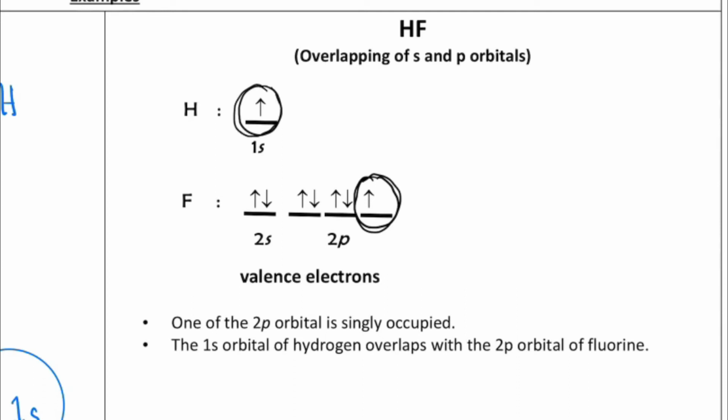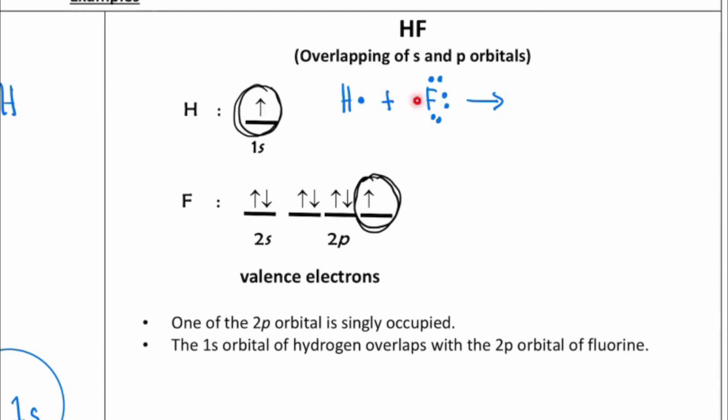Kenapa macam tu? Okay, so kita relate balik apa yang kita dah belajar. So we have learned that in hydrogen ada 1 electron and then bonded with fluorine. Okay, and fluorine ada 7 valence electrons. So what happened here adalah this hydrogen will share one of its electron with fluorine, and fluorine pun akan share satu elektron dia dengan hydrogen.